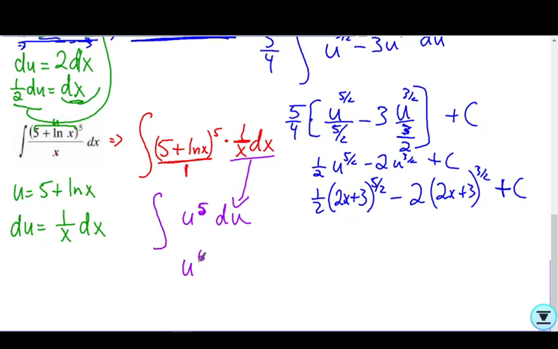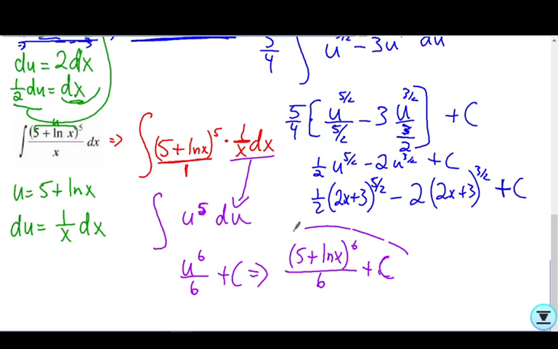So this is u to the 6 over 6 plus c. Plug in your u, and you get 5 plus the natural log of x to the 6th over 6 plus c. And that is our answer.